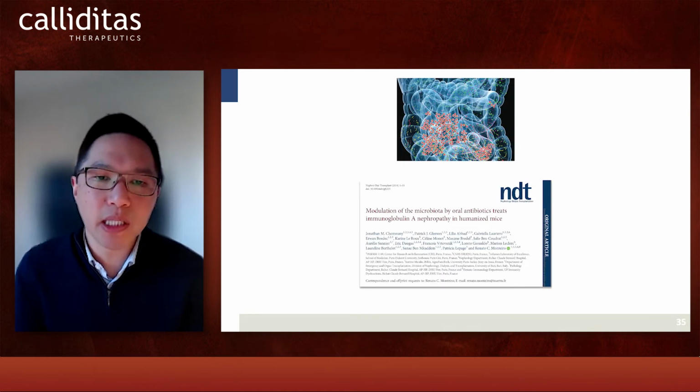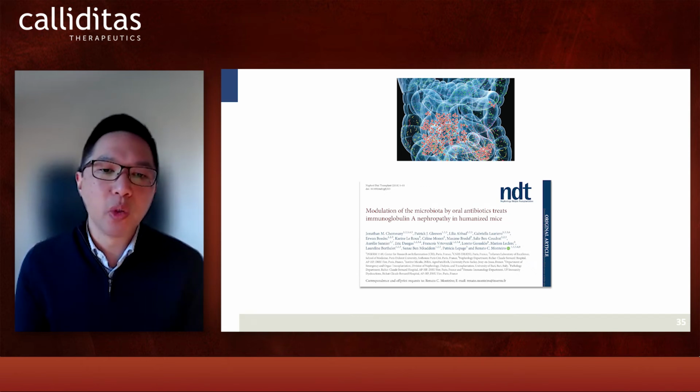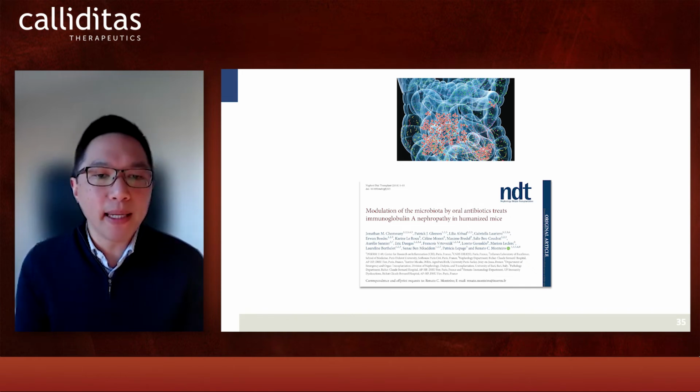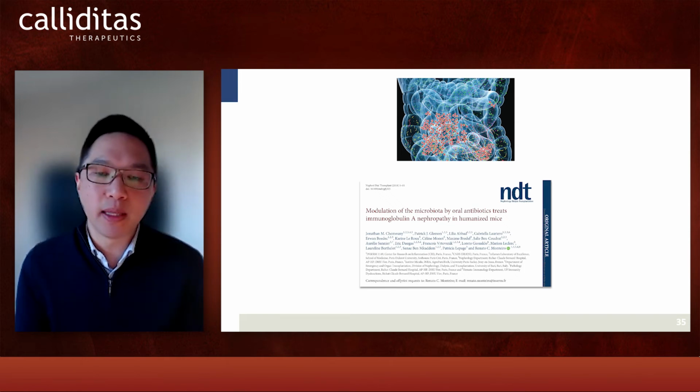And finally, I'm going to touch on this study by Renato Monteiro's group from Paris. They have developed a mouse model of IgA nephropathy using a knock-in of human IgA that develops IgA nephropathy spontaneously. And what they showed in this study is that if you ablate the gut microbiome by treating with broad-spectrum antibiotics, then the IgA nephropathy in these mice does not develop.